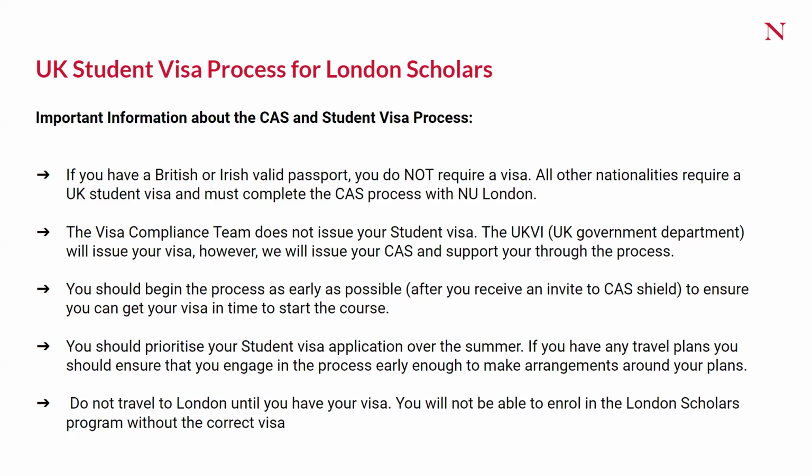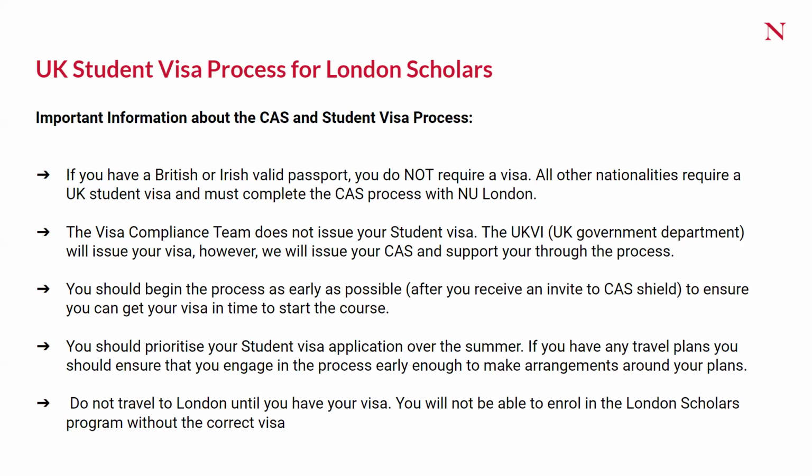The visa compliance team does not issue your student visa. The UKVI, the UK government department, will be the people issuing you your visa. What the visa compliance team will do is issue your CAS in order to apply for your visa and support you throughout the process. You should begin the process as early as possible after you receive an invite to CAS Shield to ensure that you can get your visa in time to start the course.